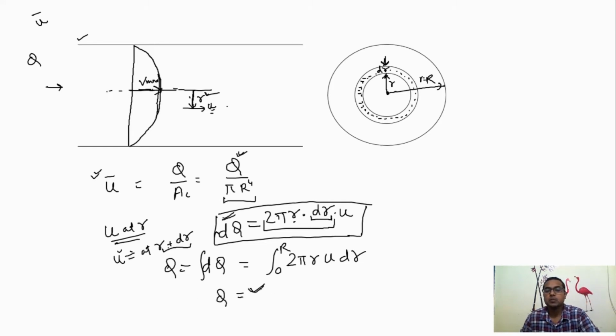Our aim is to get the value of discharge, then we can easily find the average velocity.